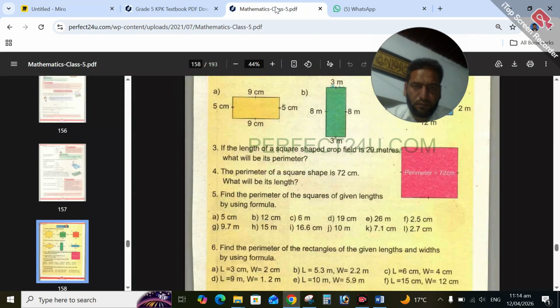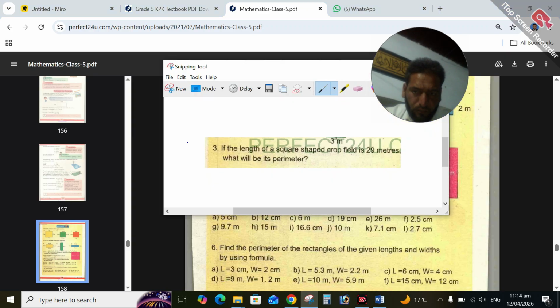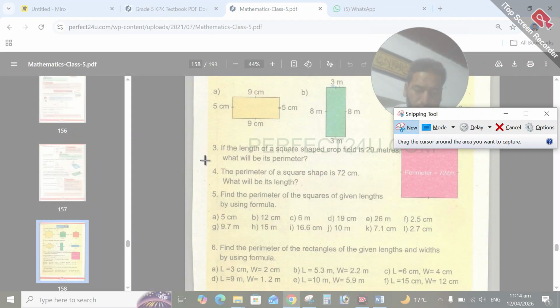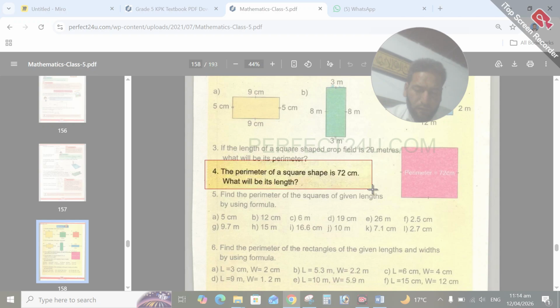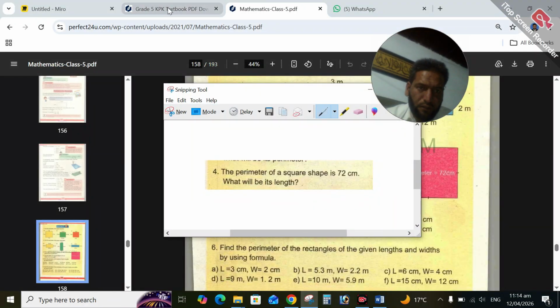And now the next question is question number 4. Here the perimeter of the square shape is 72 centimeter. What will be its length? So this is the statement of the question.